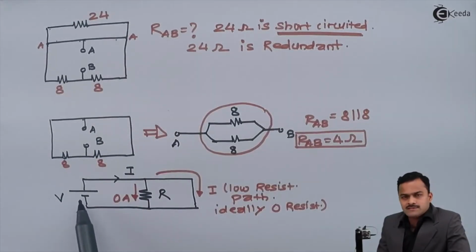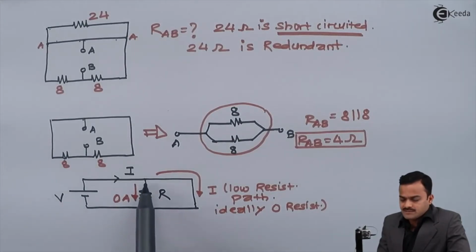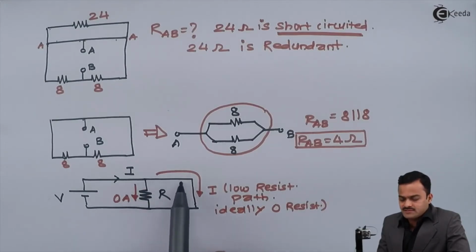So let's come back to the concept of short circuit. Suppose there is a battery V and the resistor R is connected, current I will flow. But when you connect a wire across the resistor R, what happens? This low resistance path comes across this resistor R. Ideally it's a zero resistance path, which is called a short circuit.